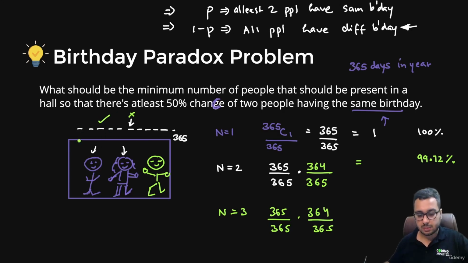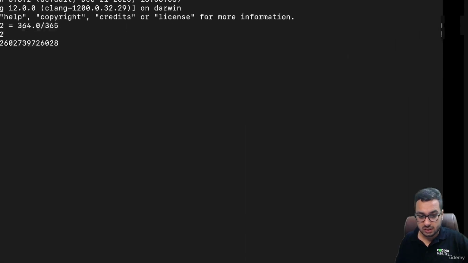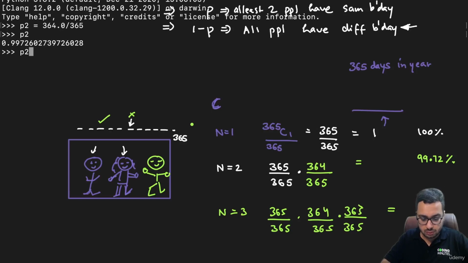The third person wants a different birthday, so he is going to choose one of the 363 options, which is 363 divided by 365. So P3 is P2 into 363 divided by 365. And what is P3?